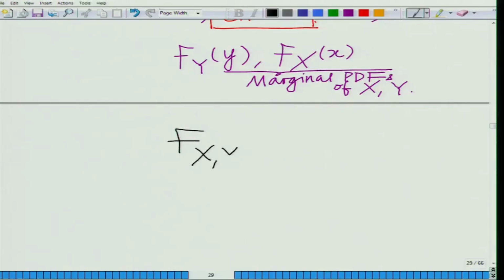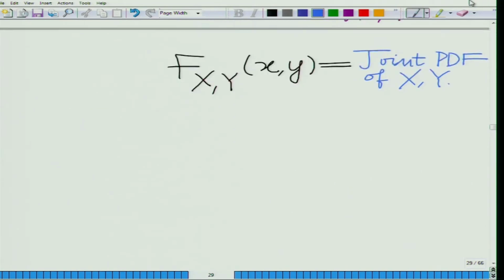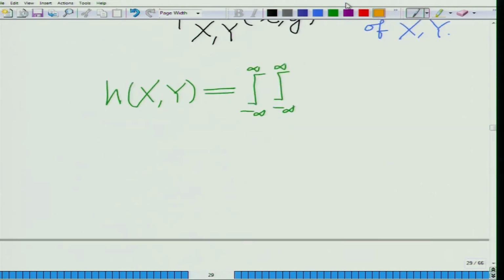So this is basically your joint PDF of x comma y, and when you have the joint PDF, you have h of x comma y. The joint differential entropy is similarly defined. The continuous double sum will become the double integral.